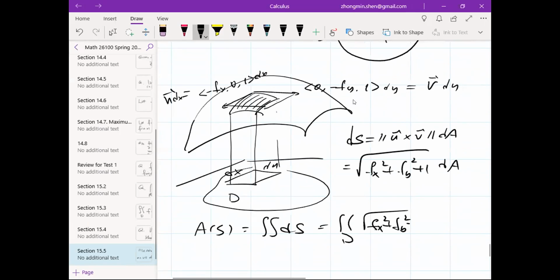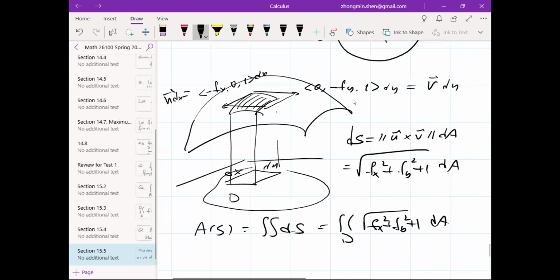Let me emphasize it. This is the idea, to understand the formula. Why do we have that piece? The idea is that you find the two tangent lines to the two curves just above the two edges of the rectangle, and then we find the tangent vectors. If this is the graph of a function, then you look at the cross product, and the cross product gives you the area of this parallelogram. But the area of the parallelogram is closely attached to the surface.